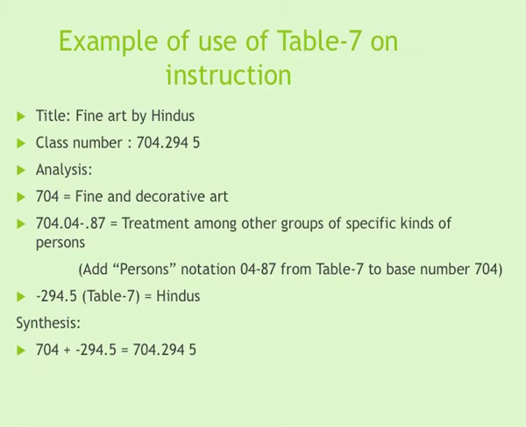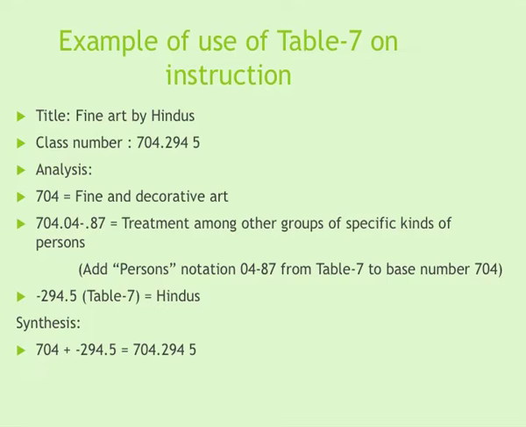Another example, fine arts by Hindus. We analyze this title, and we find the basic subject is fine art. We take the number of fine art from the schedule, that is 704. 704 is the class number for fine arts. Then we find an instruction, add persons notation 04287 from table 7 to the base number 704.